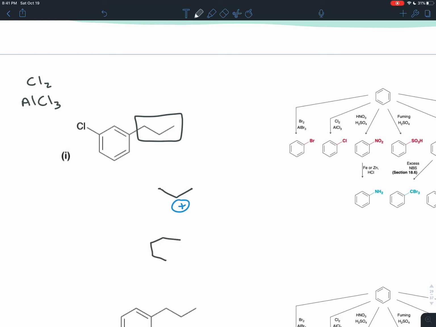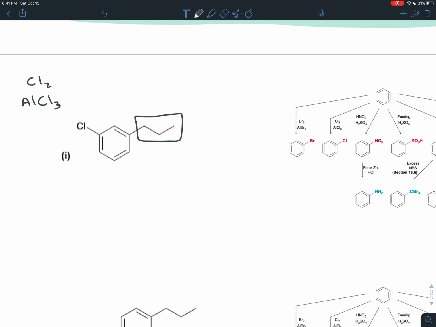The benzene ring would end up attacking at that middle carbon, and you'd end up having that attached there. So you'd have the isopropyl group, not the propyl group that you want. So we can't do a Friedel-Crafts alkylation. We would have a carbocation rearrangement.